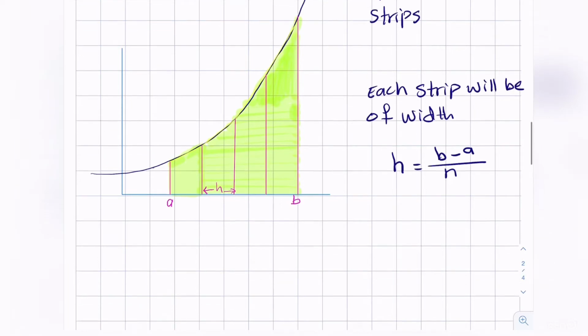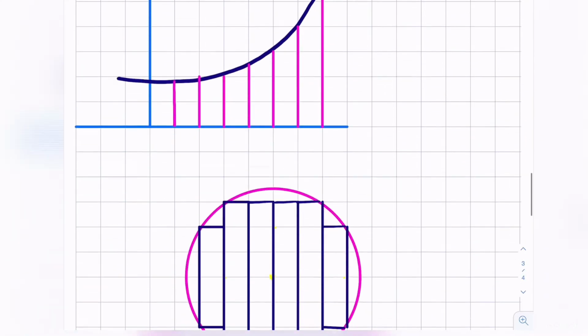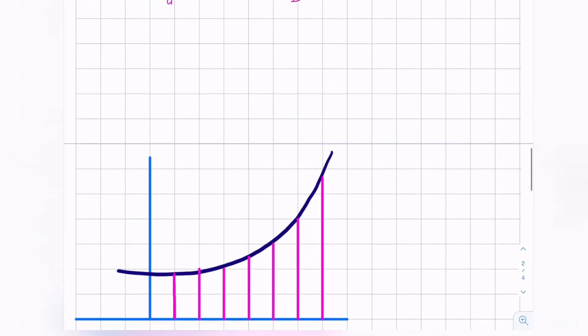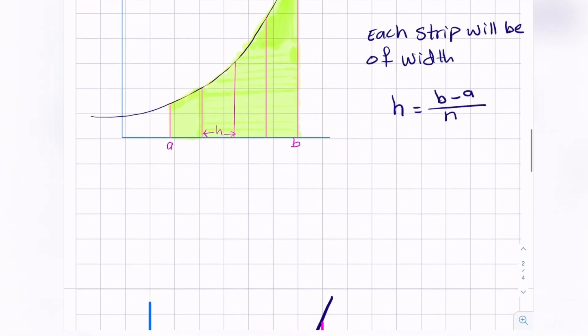So as we explained there, just write it down here as well.